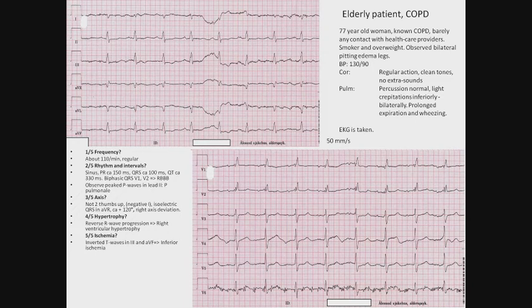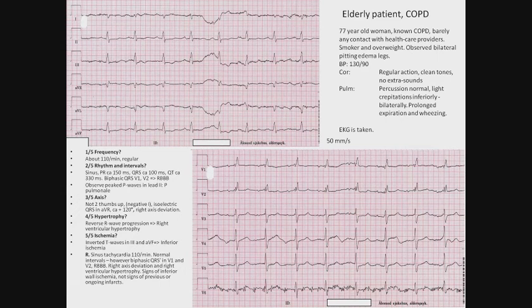Alright, so let's quickly summarize. We have a sinus tachycardia of frequency about 110 per minute, normal intervals. However, we observe a biphasic QRS in V1, V2, right-sided precordial leads, which means that we possibly have a right bundle branch block. We also observe a right axis deviation at plus 120 degrees.